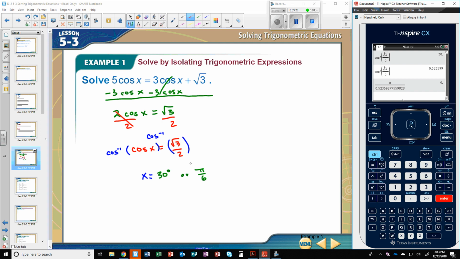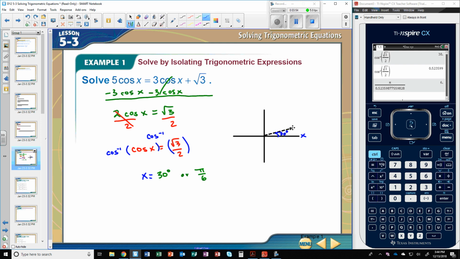Okay, now having said that, these aren't the only solutions, because we've learned that we can operate on the unit circle, and so cosine would give you the same value for x in multiple places. Remember, sine y, cos x. Cosine goes with x. And if x is 30 degrees, let's just think about this. That angle is 30 degrees. That means about this high up, somewhere in there, we have 30 degrees.